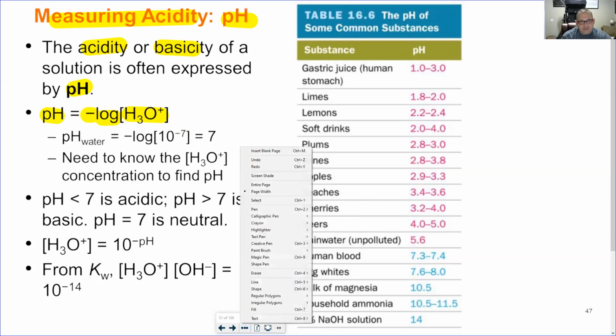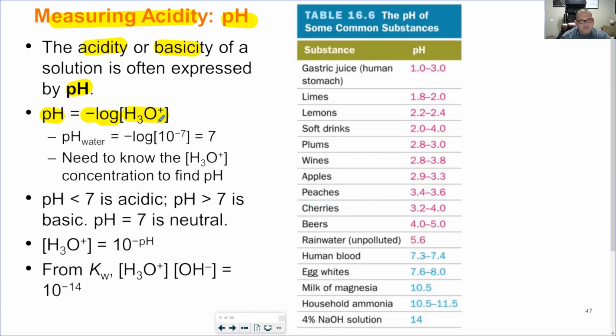And if we wanted to have some zeros and accuracy in here, if this number was 1 times 10 to the minus 7th, then when I took the negative log of that, it would be 7.00. So if I want to know what is the pH in the system, if that's the unknown, to be able to calculate that, I have to know what is the hydronium ion concentration.